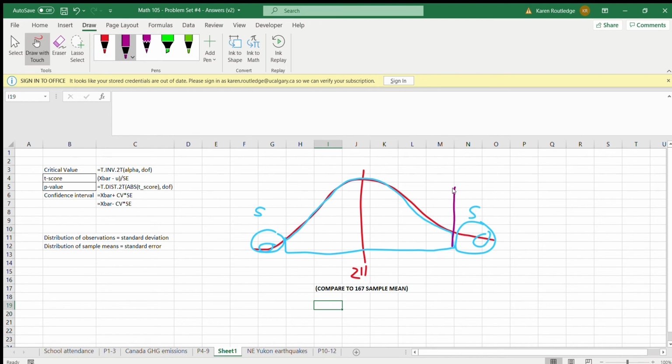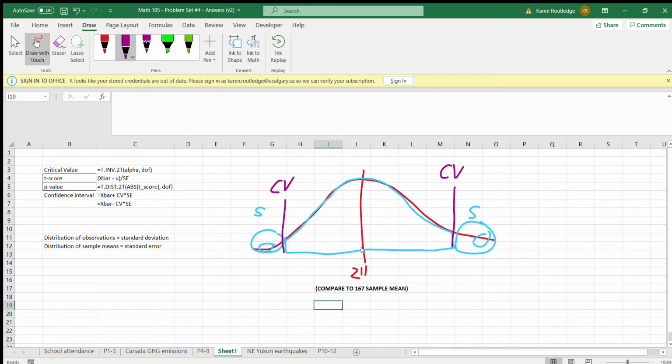This line, this threshold, is the critical value. So it differentiates, or I guess we could say it identifies where our rejection region is going to be. And so there's also one over here because we have a two-tailed test. The t distribution, like the normal distribution, is symmetrical.